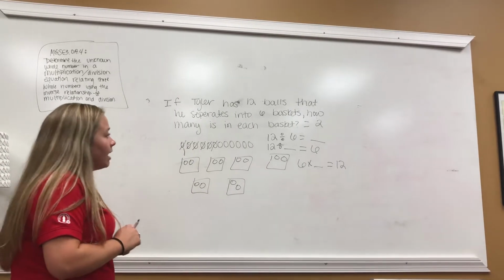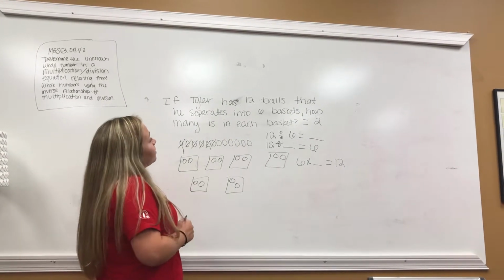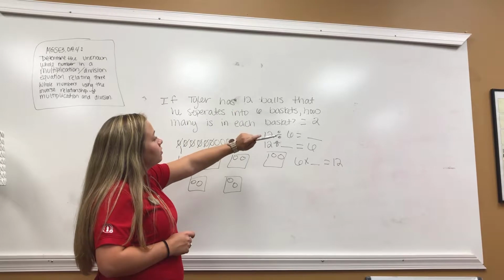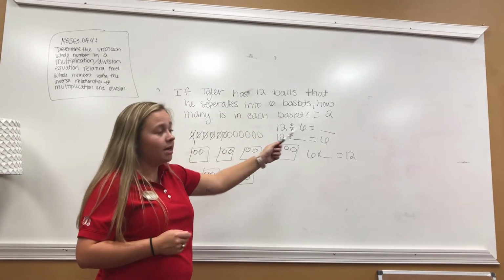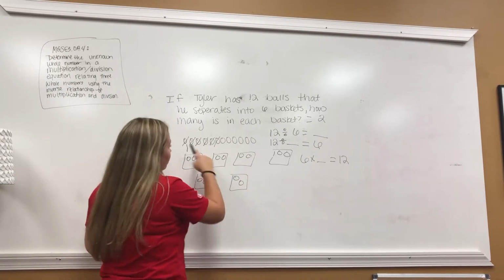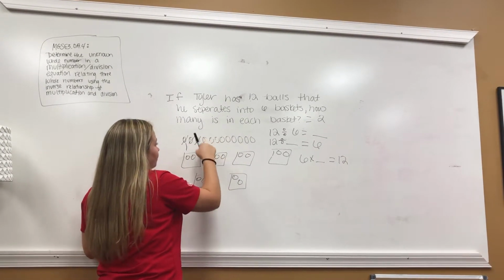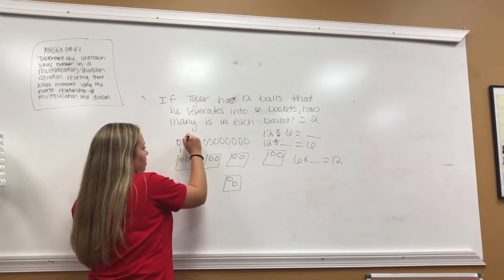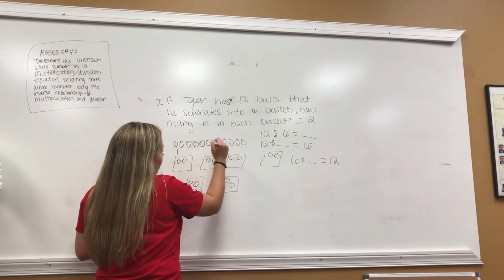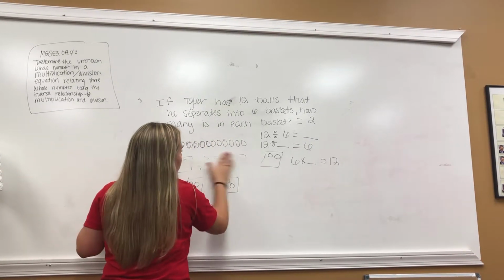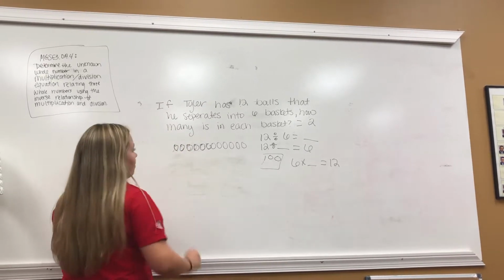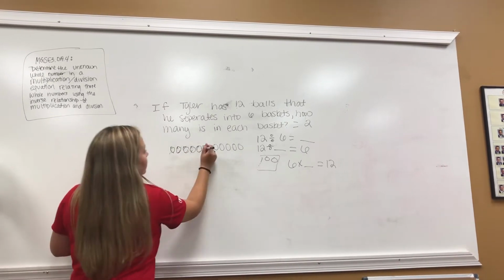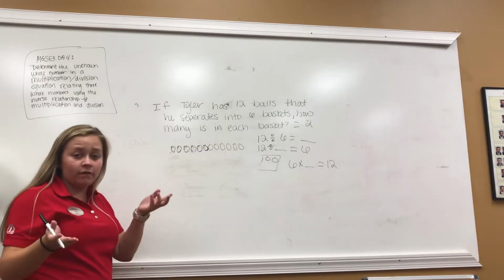If we were to say that he has 12 balls and 2 go into each basket, how many baskets does he need? You would do the same thing. You would just label out 12 of the balls, just like this. You know that if we have 12, it's going to be even because it's an even number.